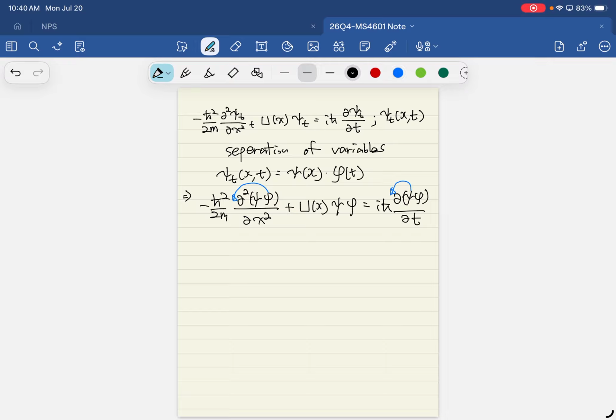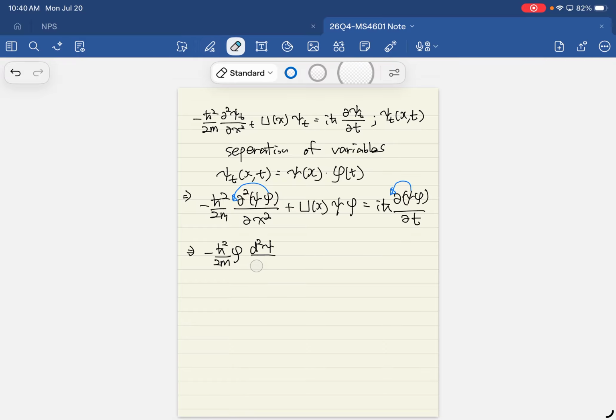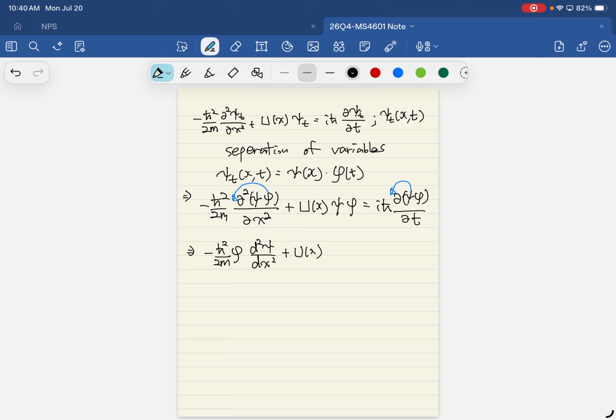So once you do that, now we can modify the expression such that it's written as d x squared plus u of x psi phi equals i h bar psi d phi over dt. Does that make sense? This is how we do separation of variables.